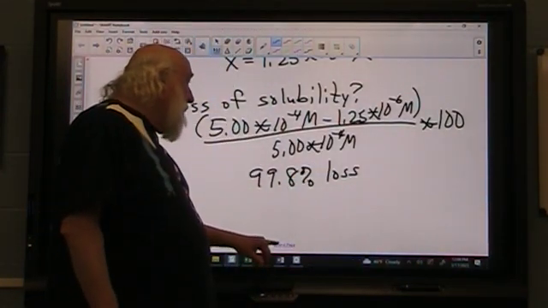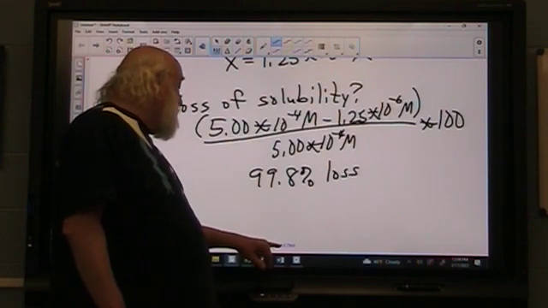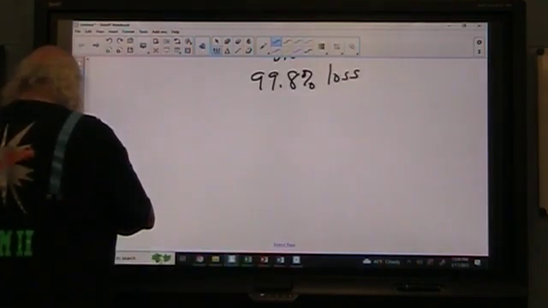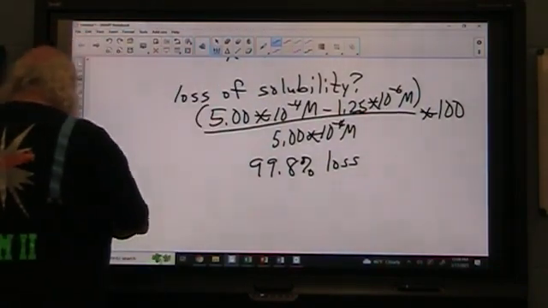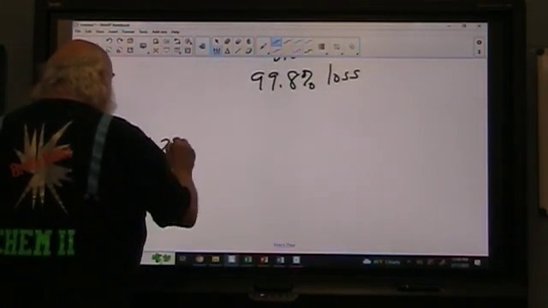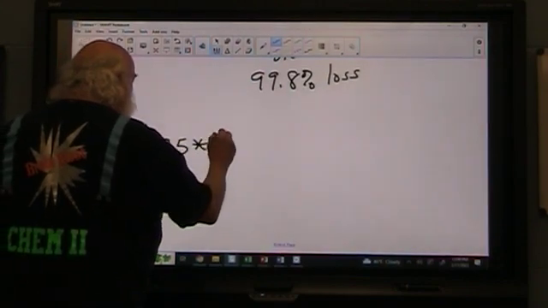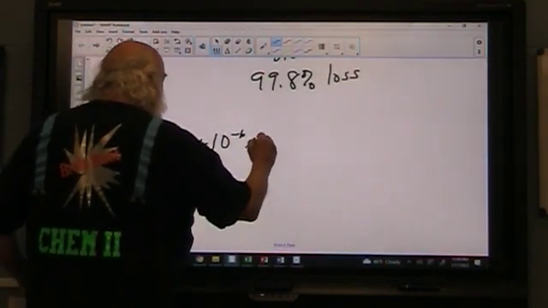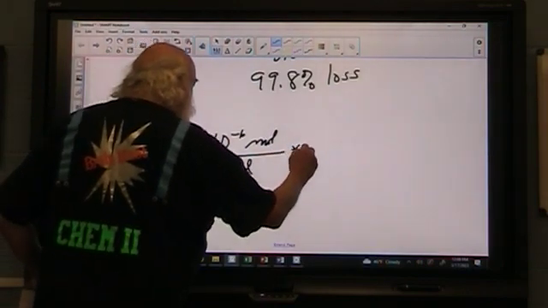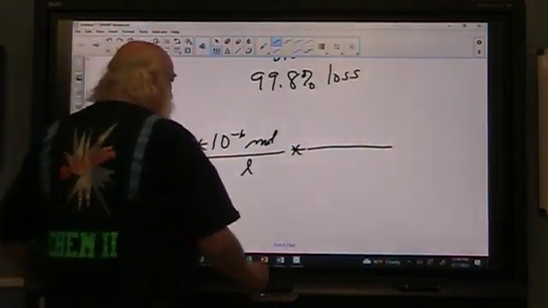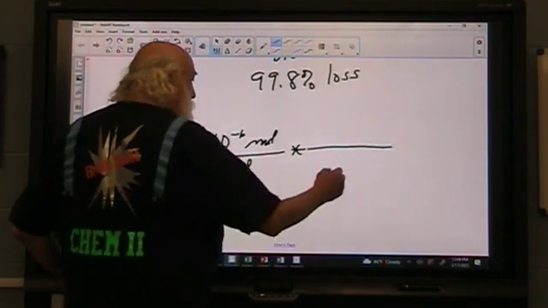Now, the last thing they want us to do is to find the solubility in grams per liter. We start with 1.25 times 10 to the negative 6 moles per liter. And again, I'll write it like this because we're going to have to do a little converting here. I'm going to change this to grams per liter, so I have to change the moles.